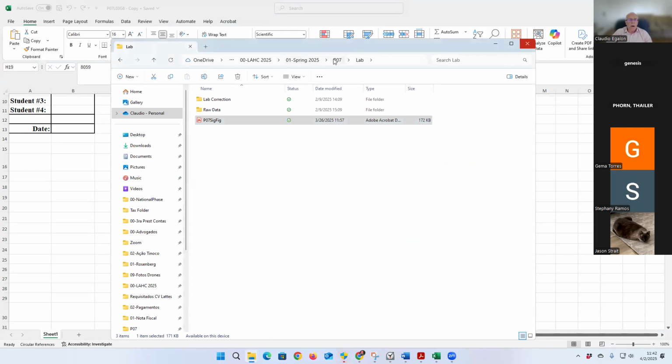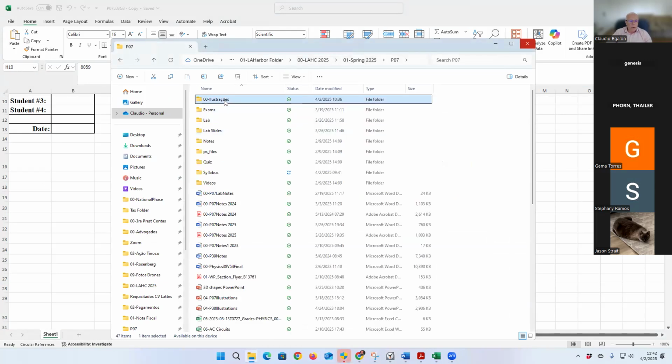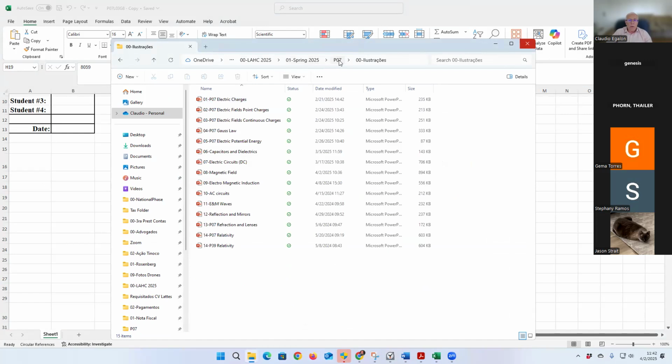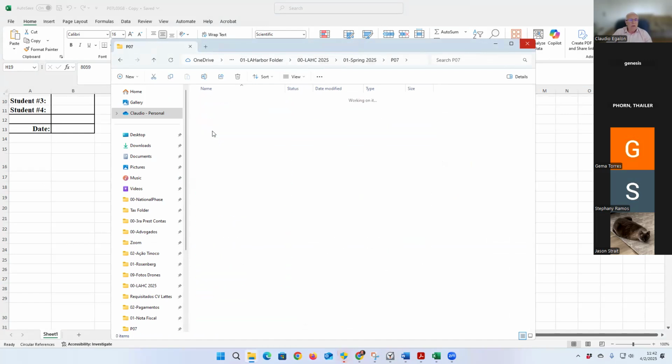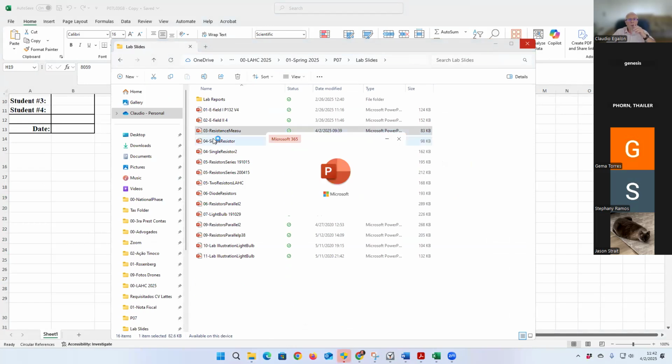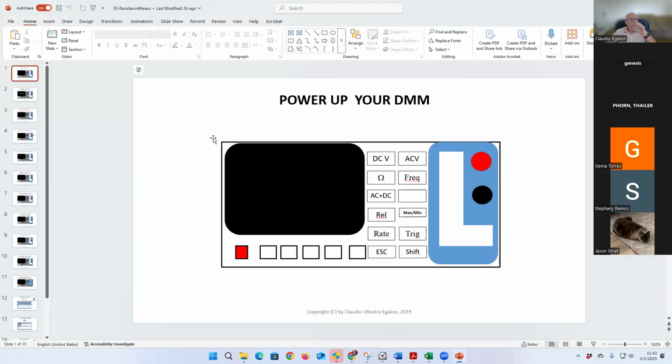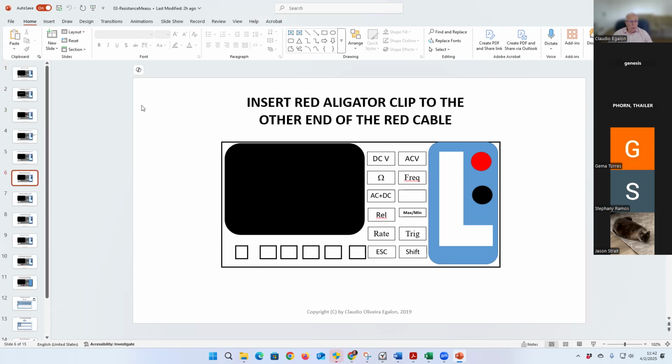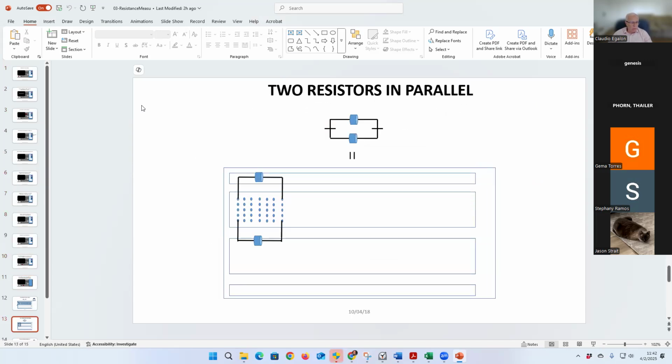Lab slides. Resistance measurement. Here is a multimeter, a very large multimeter, that we have and are going to use also. What else are we going to use?